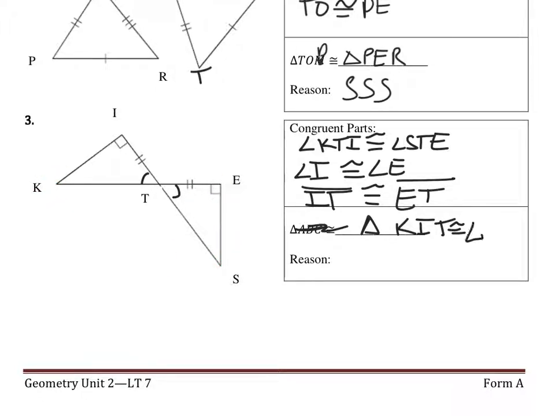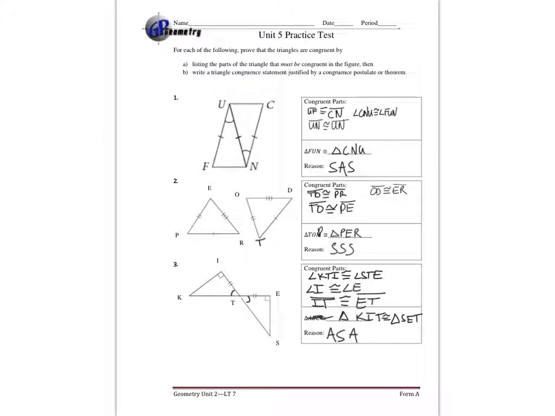So K goes to S, and then I goes to E, and T goes to T. All right? And the reason for that, well, we have two angles and a side that's between them. So that is angle, side, angle. So there's our congruent triangles. And now let's go to the next page and see what else we got.